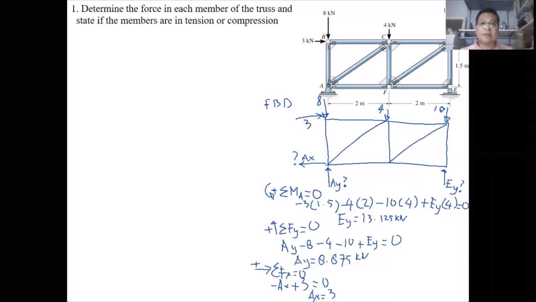Now we go to how to calculate every joint in the truss. We have joint A, joint F, and joints E, D, C, B. Every joint has a reaction from the action of force that occurs in the truss.